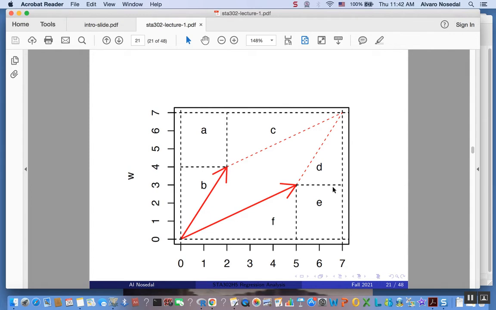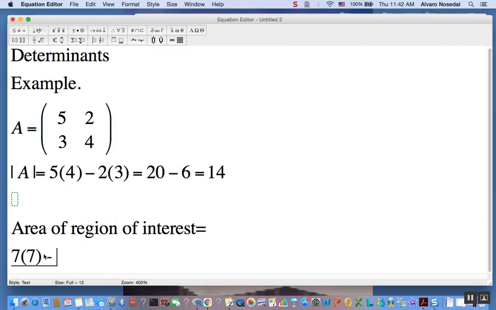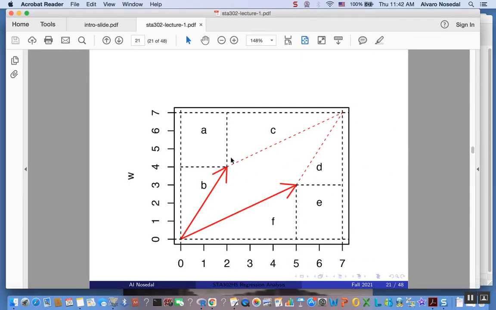So 2 times 3, 6, 2 times 3, 6 as well. So let me do that. 49 minus 6 minus 6. Those are the areas of those two rectangles, A and E.